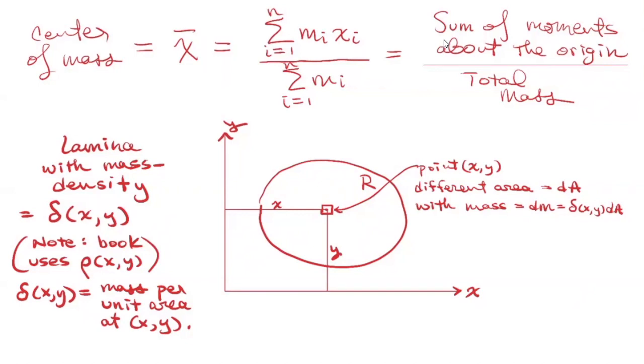So the moment to the x-axis should be the mass times the distance. Okay? So I'll say distance times mass. So the distance to the x-axis, unfortunately, is y. And the mass is delta xy dA.